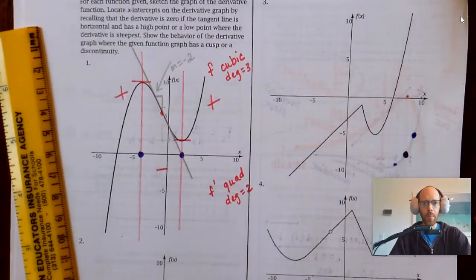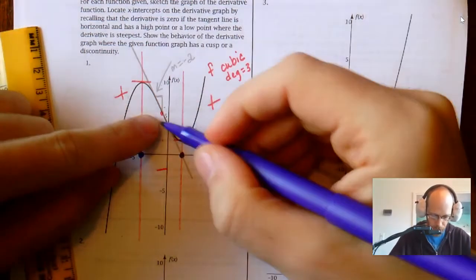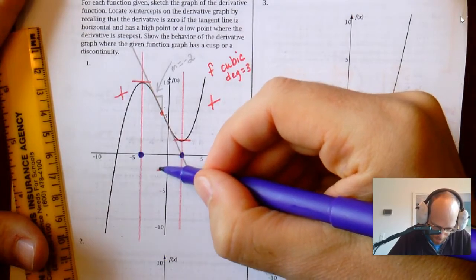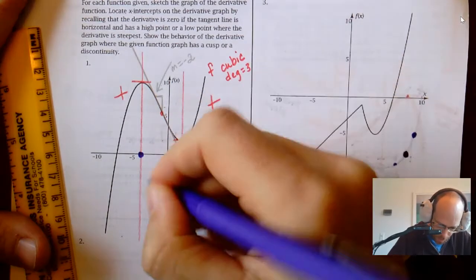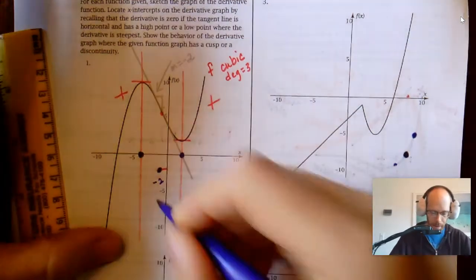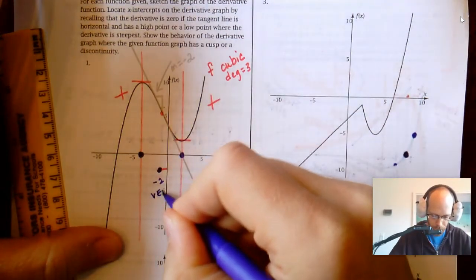I'm getting that the slope is about -2. And what that means is that the derivative is -2 at this particular instant. So at this x value, I'm going to come down here to where y equals -2. And that's where I am going to put our vertex.